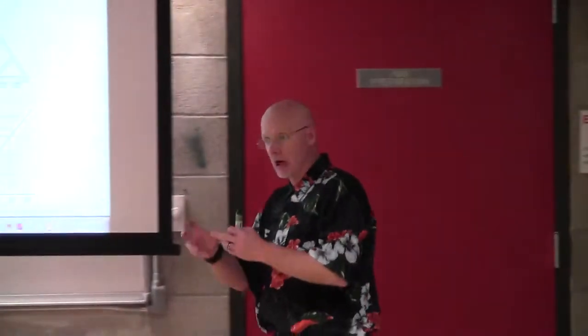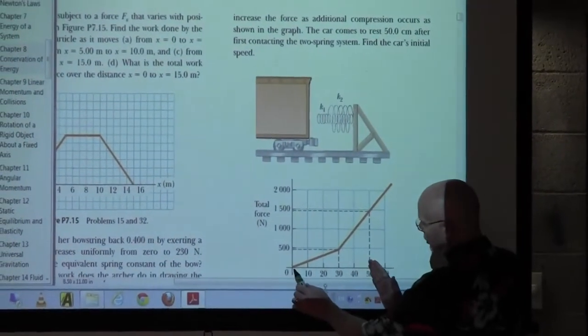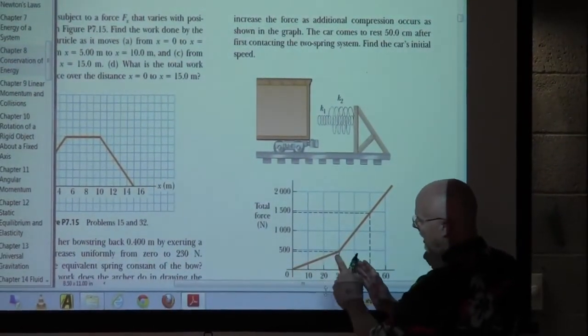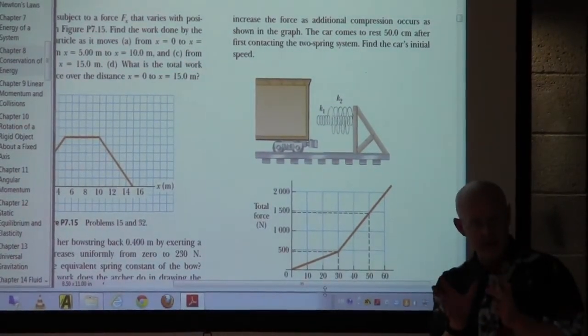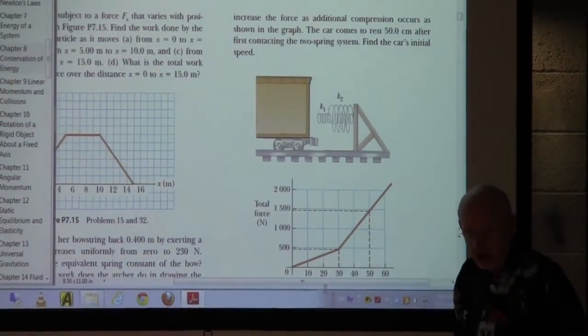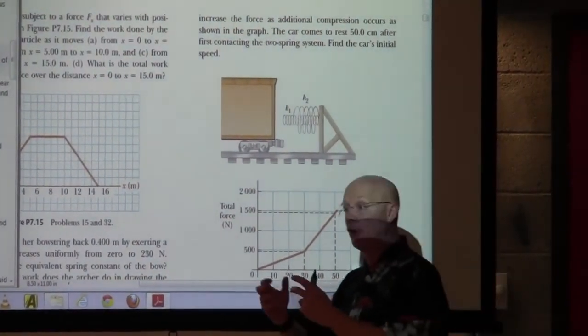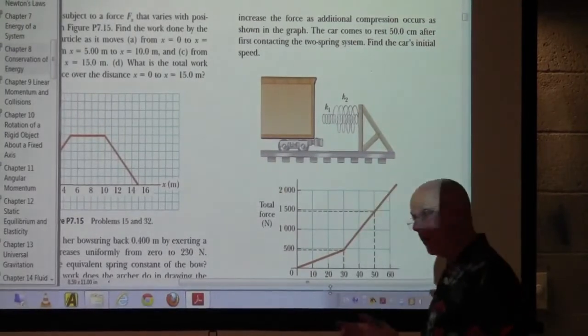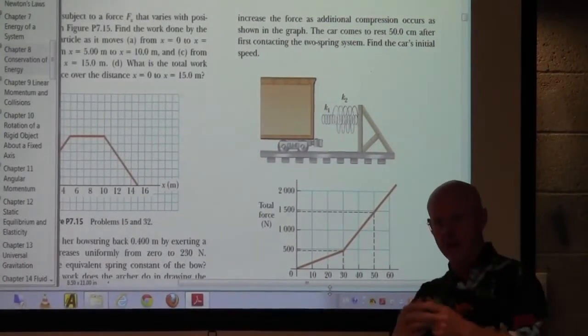And so the author is trying to help you out here, understanding that the first 30 centimeters of compression is just that first spring. That is spring constant 1600. But after that, then you're compressing both springs: the one with a higher spring constant and the first one, which has already been compressed quite a bit.